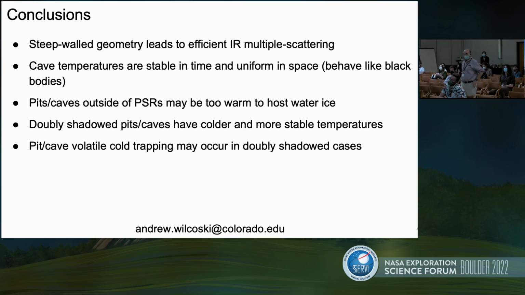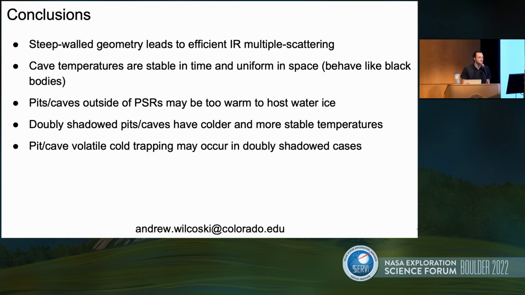Ben Bussey, APL. I was just wondering, even when it gets warmer than 110 Kelvin and they're bouncing around, it's still a very small aperture to lose volatiles. Have you done the modeling to look at what the rate of loss would be and what kind of incoming mechanism would you have to be able to counter that? Yeah, that's exactly what we're doing with the volatile transport model. It's essentially a ballistic model.